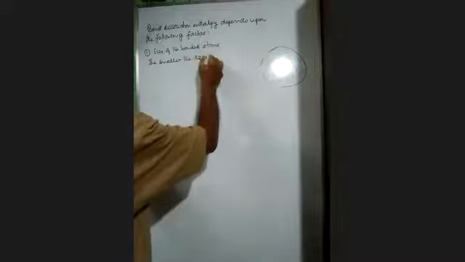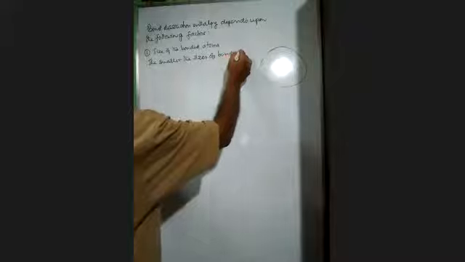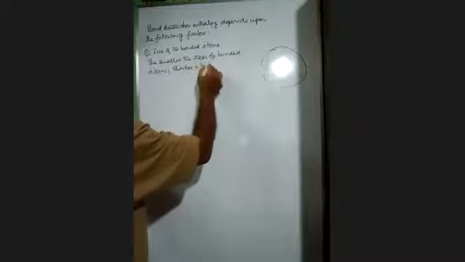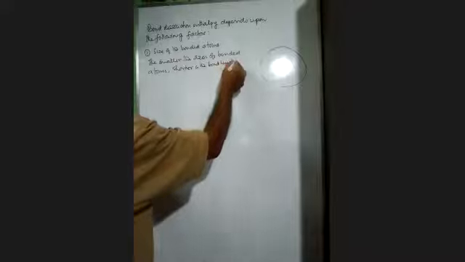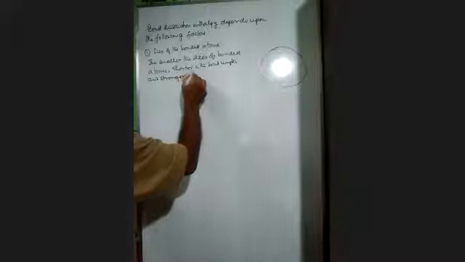Size of the bonded atoms. The smaller the sizes of bonded atoms, shorter is the bond length and stronger is the bond.